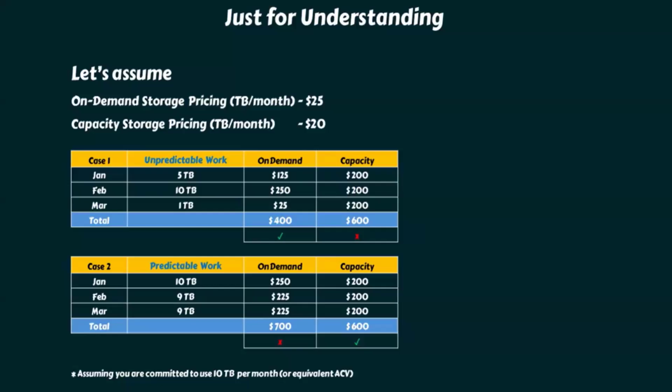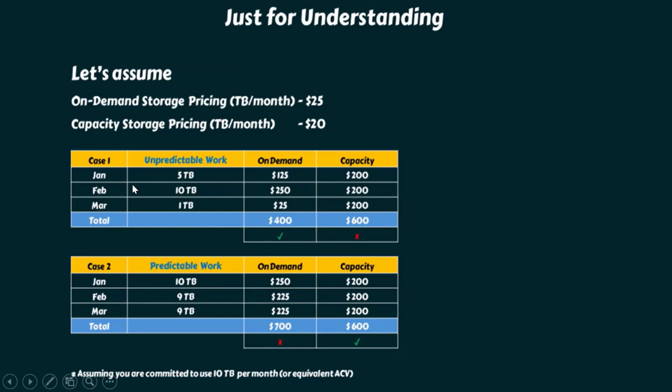Coming to storage cost, for example, the first table is for unpredictable work. When I say unpredictable, my storage can be different: it can be 5 terabytes, 10 terabytes, or even 1 terabyte.